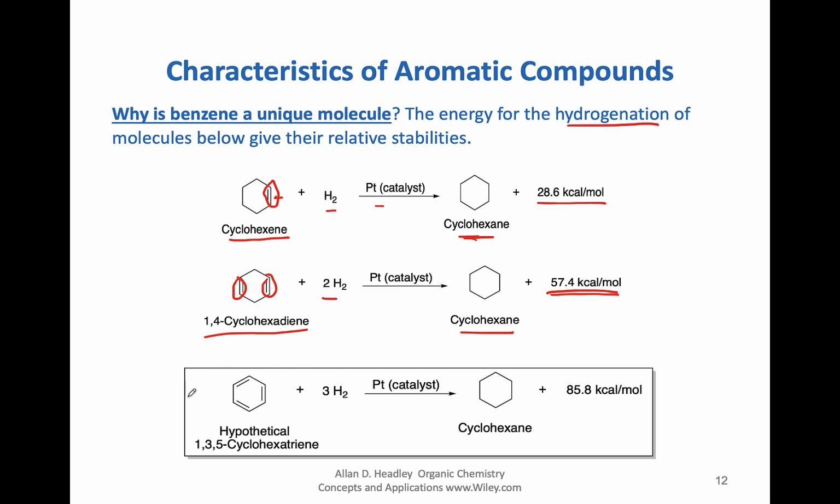So the implication is, if we had this molecule here, which we call hypothetical 1,3,5-cyclohexatriene, hypothetical because it's not a real molecule in terms of this analysis, it's predicted that the heat liberated for this reaction would be 3 times as much as for the single double bond. So I don't want to confuse you.